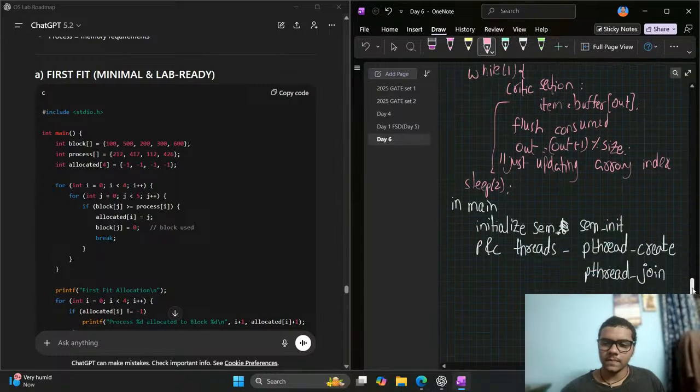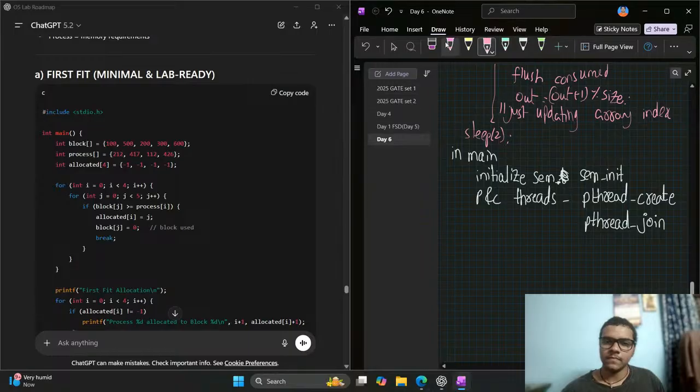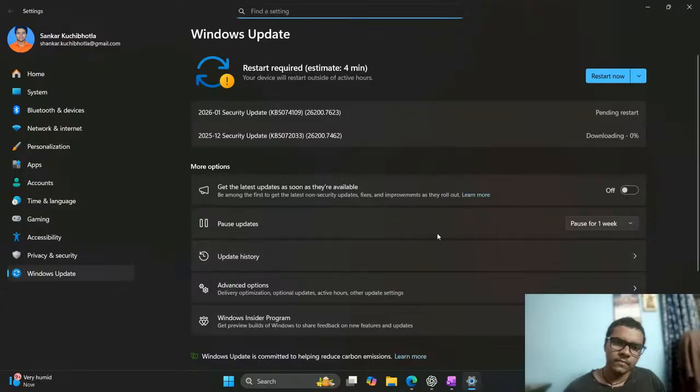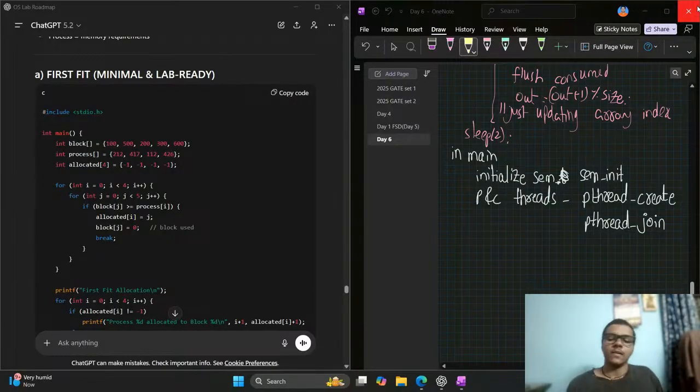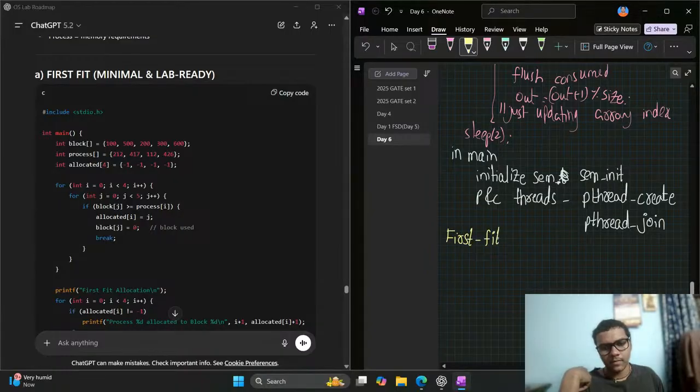The CPU is throttling again. Okay, we need to have a restart. We will restart it later. And then it is first fit.